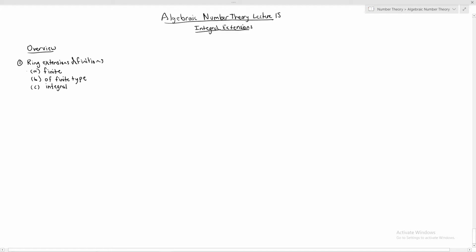Okay. So this is going to be the first section, is just some definitions. The second section is, there will be certain implications between these. So I want to explore that. Between A, B, and C. So for example, a finite extension of rings is always an extension of finite type.